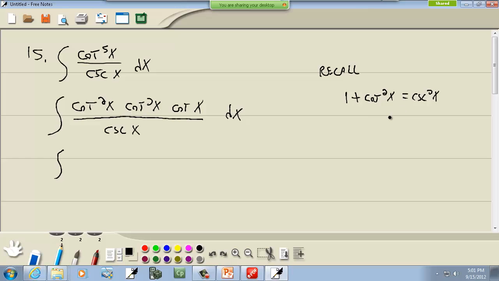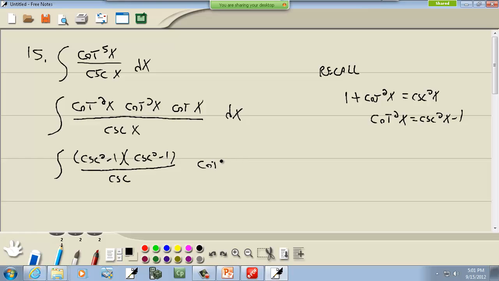So cotangent squared is equal to cosecant squared minus 1. So this becomes, right here, cosecant squared minus 1 times cosecant squared minus 1 over cosecant.